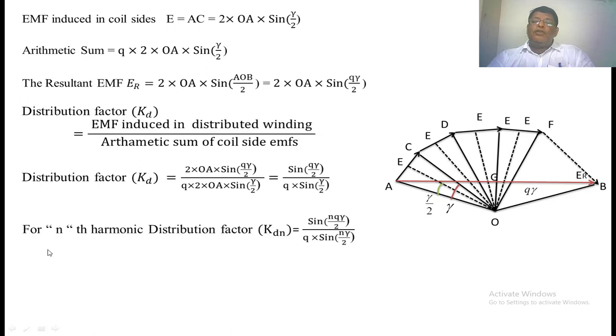Suppose we want the distribution factor for the nth harmonic, then it is represented with the suffix: KDn equals sin n q gamma by 2 divided by q into sin n gamma by 2. The difference between these two equations is that the gamma angle is multiplied by the harmonic number, so the resulting equation gives the distribution factor for the harmonic flux.